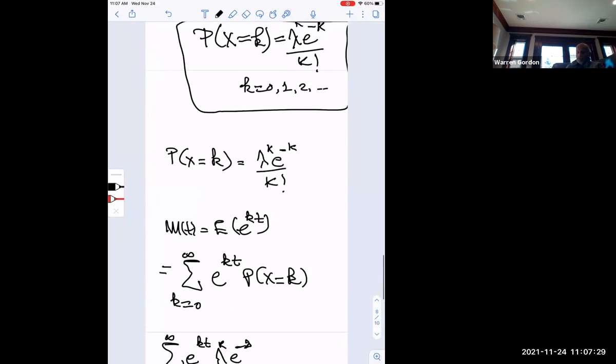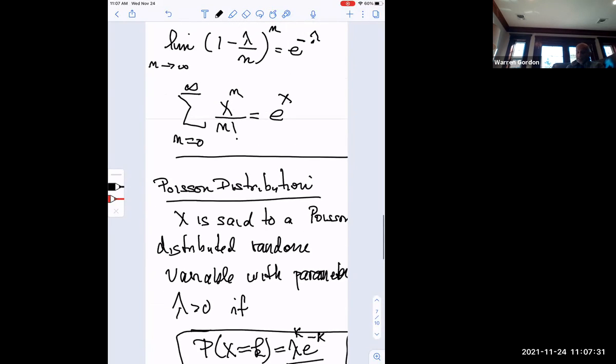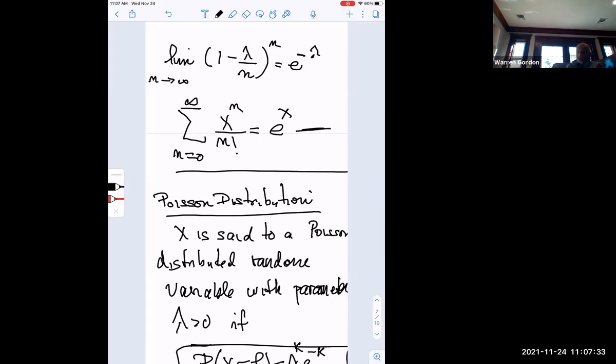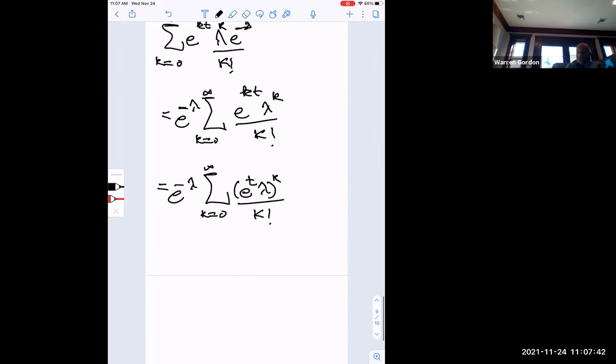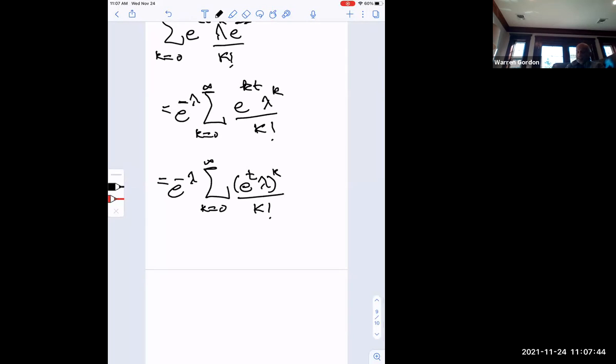Now, if you go back to this expression, what I have is x replaced by lambda e to the t. So this becomes e to the minus lambda. And then this becomes e to the t.